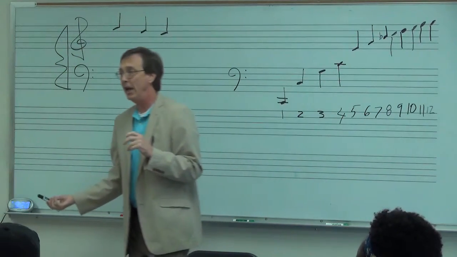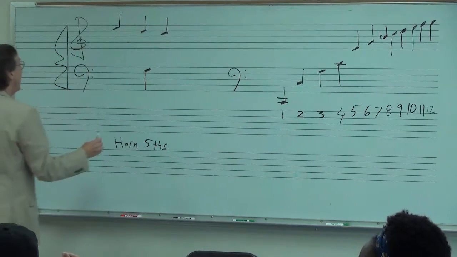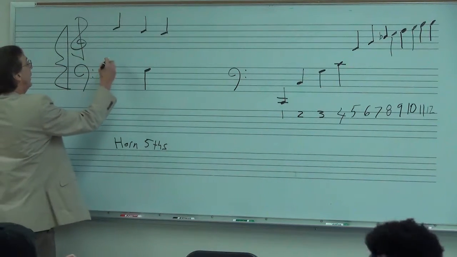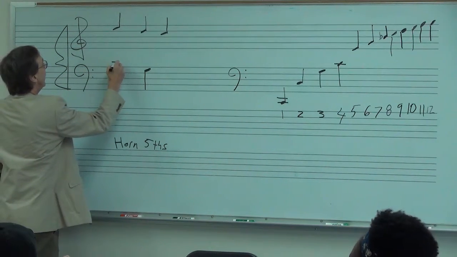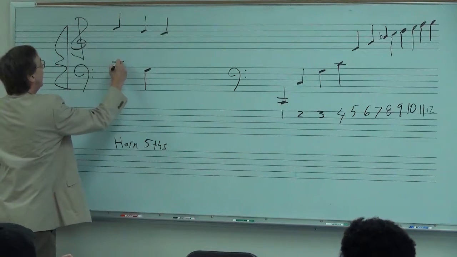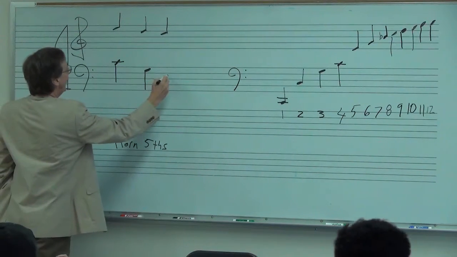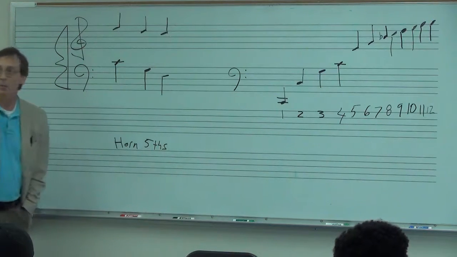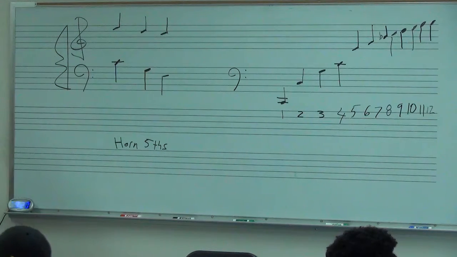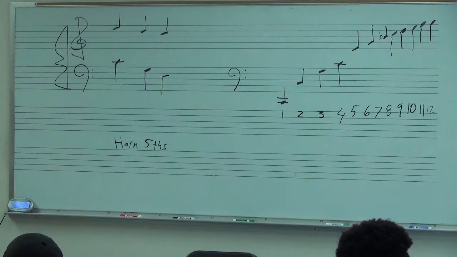Horn fifths. Now what would happen with the horn players is you would get this situation here between the horn parts, because back in the olden times, the horns and the trumpets and the timpani basically did the same thing, which was play tonic and dominant.